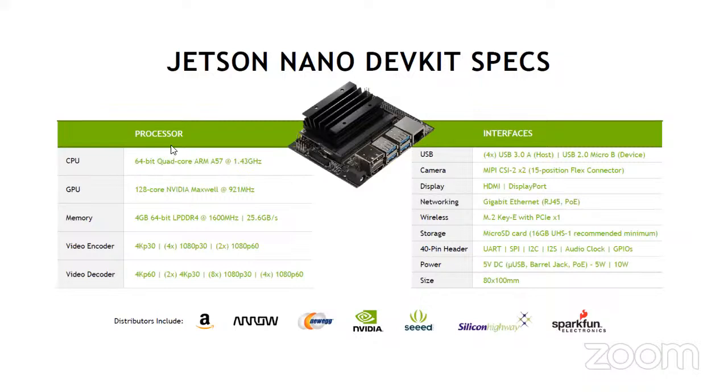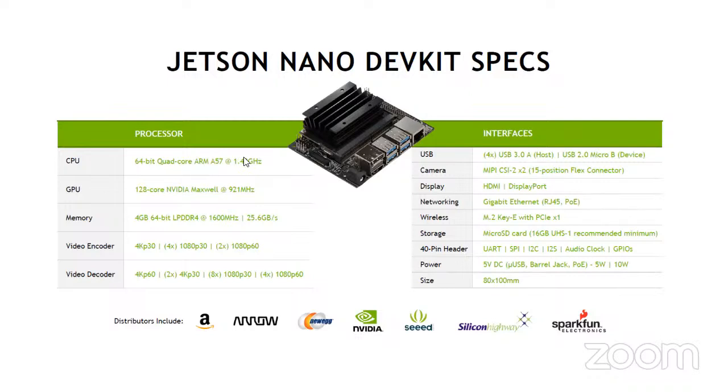This is the specification of the Jetson Nano. The CPU is a 64-bit quad-core ARM A57 with a 1.43 GHz working frequency.